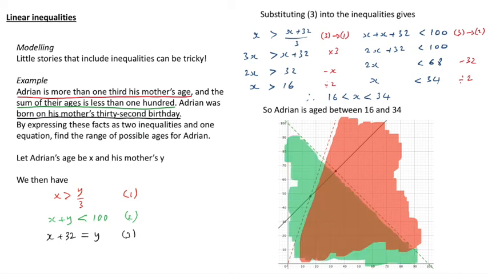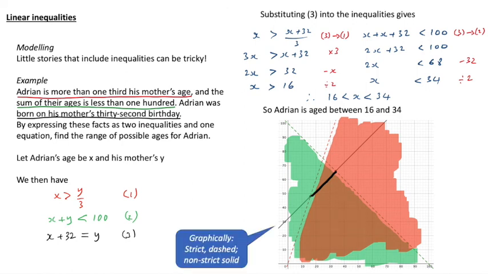And then the possible ages are where those coincide, and so we can see that between those two black points, and they are in fact the values 16 and 34 for x, and so that confirms the algebraic answer we got. And just to remind you, graphically, for strict inequalities we use dashed lines, and for non-strict we use solid lines.